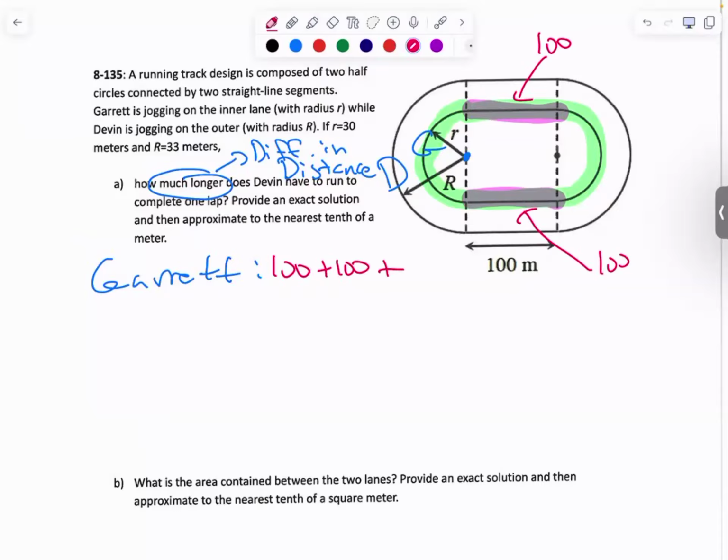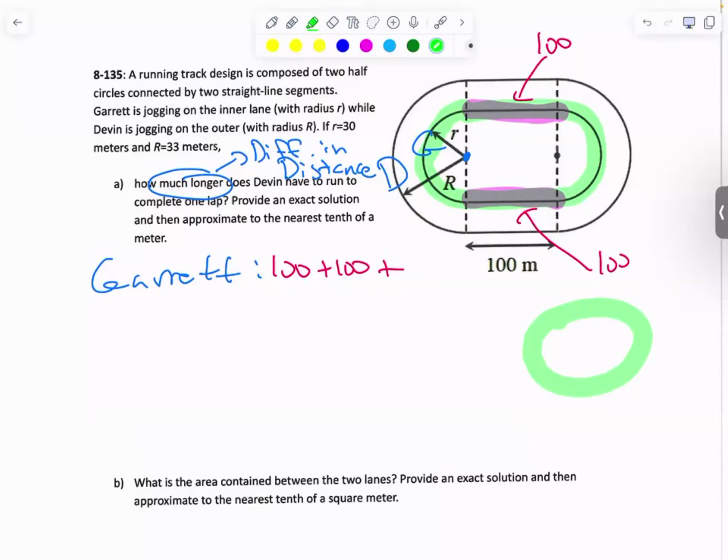I strongly urge you, for these kinds of problems that involve a lot of mixed circles and rectangles and whatnot, be very, very methodical about this. So you have 100 for the straight line distances. Now let's look at the greens. The greens are semicircles, right? But together, the two green half circles make a full circle.